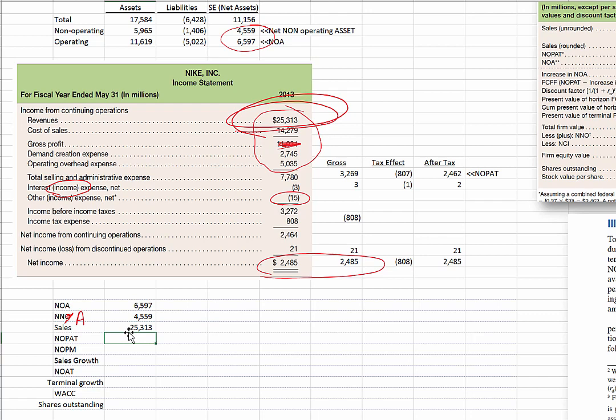NOPAT, I just computed right over there. So there's my NOPAT. My net operating profit margin is going to be NOPAT divided by sales. So my net operating profit margin is not 0, but 10%.